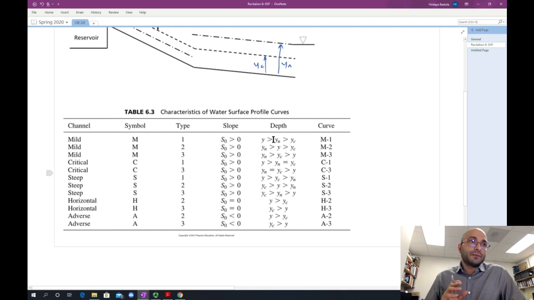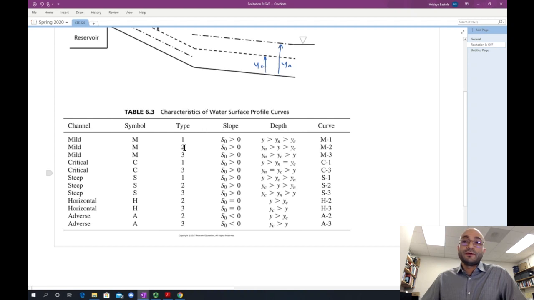Since critical depth and normal depth are important in classifying this, especially the numbers here, let's take a quick look at this. Region 1 is where the water depth is greater than both your normal and critical depth.